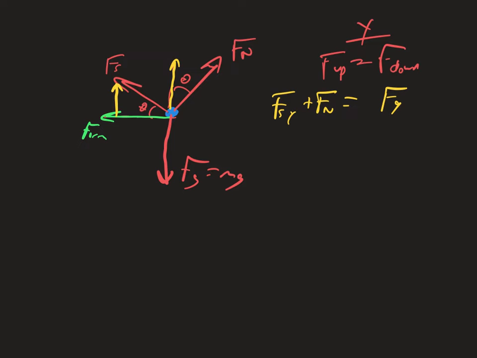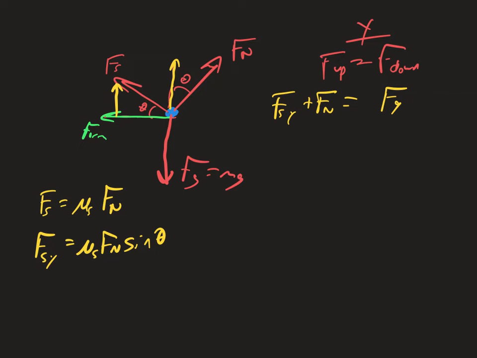Static friction, Fs max, is going to equal mu s times the normal force, Fn. And since we only want the y component of it, and according to theta, that is the opposite side, Fsy is going to equal mu s times Fn times the sine of theta.